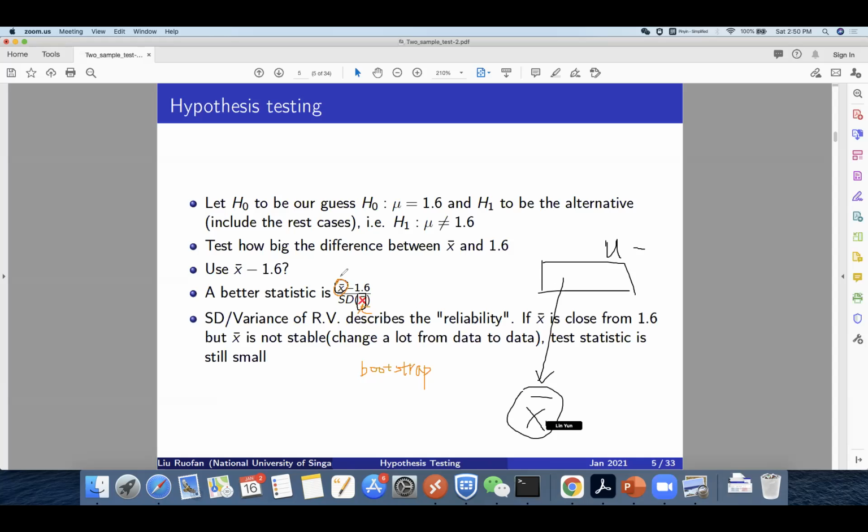Here we only sample one time and get a small x bar. Because we assume normal, this can be computed from only one pool of observations. So we don't need to sample many times to get different x bar.